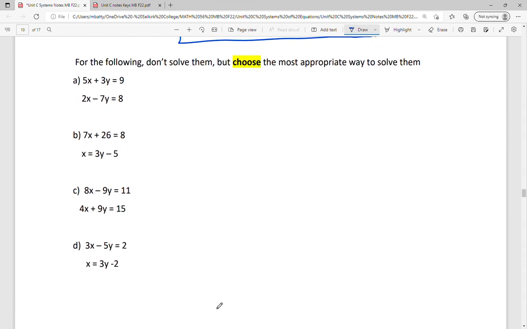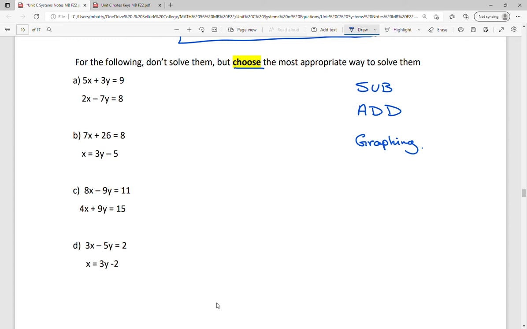So these next ones, don't solve them. Some of them are super duper yucky, but you could choose what's the most appropriate way to solve them. So we have the substitution method. We have the addition method. We did have the graphing method. And I think that's great for conceptual answers.